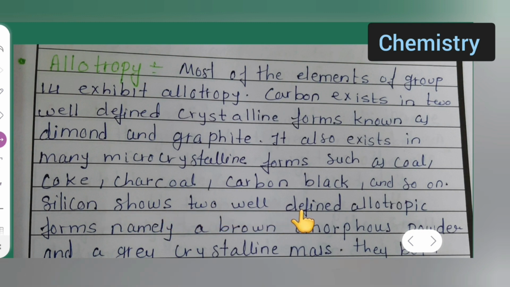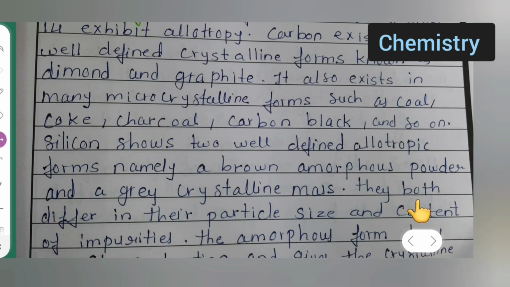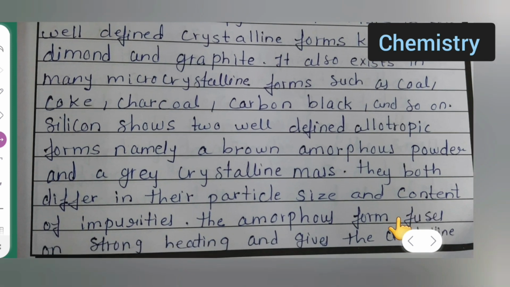Silicon shows two well defined allotropic forms, namely a brown amorphous powder and a gray crystalline mass. They both differ in their particle size and content of impurities.